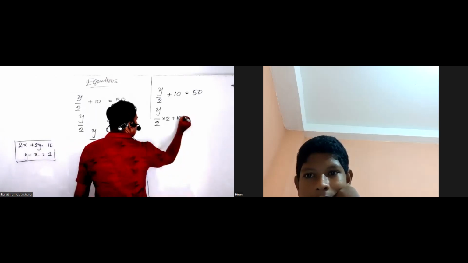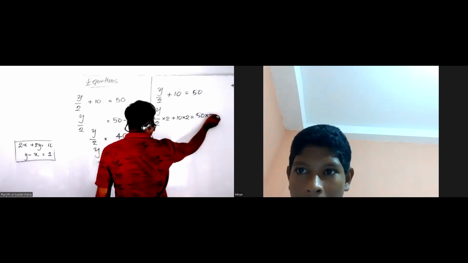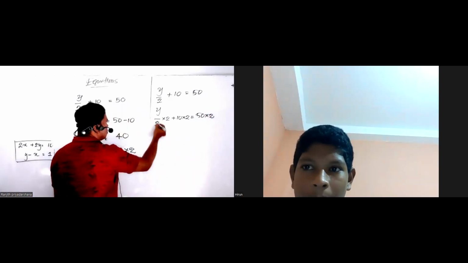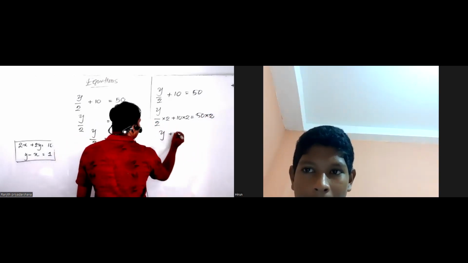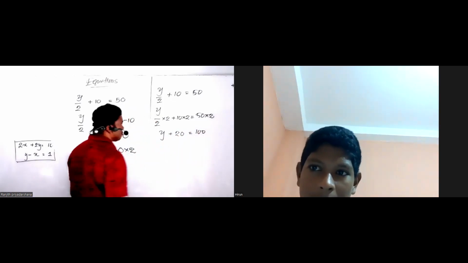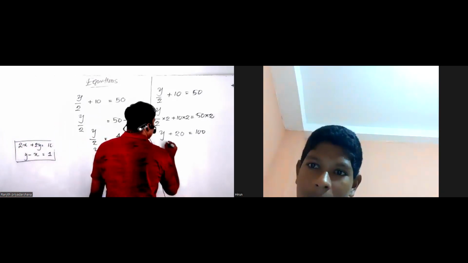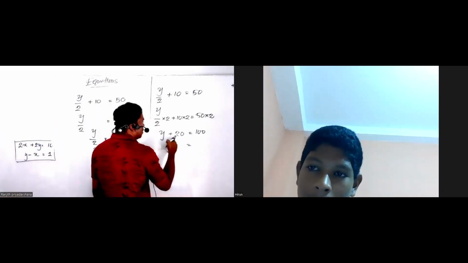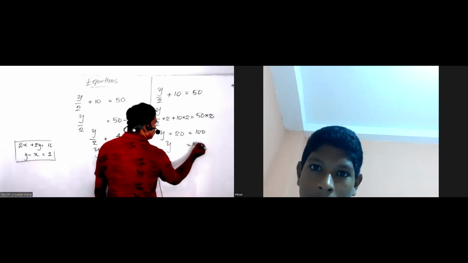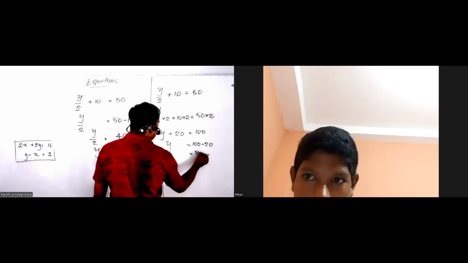Then we multiply 10 also by 2. Then finally 50 also by 2. Then you can see this 2 to 2 can be cut off. Y plus 20 equals 100. Then plus 20 goes to the other side as minus 20. Then finally answer equals 80.